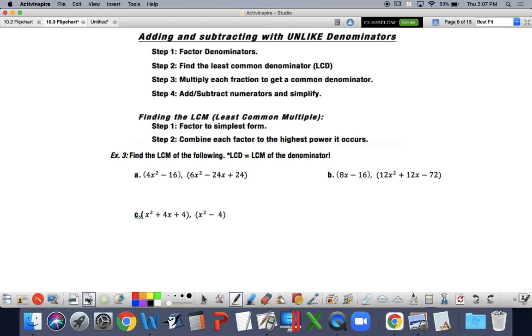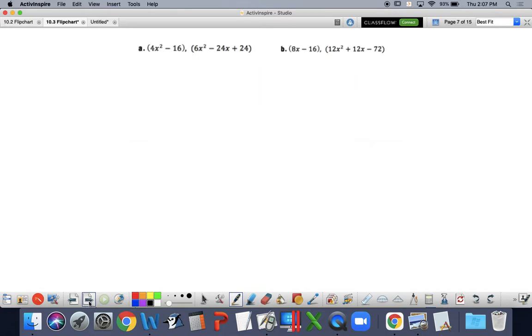We're going to go through 3 examples where we just try to find the least common denominator. Meaning, for letter A, imagine these are the denominators of my fractions, and I'm just trying to figure out the least common denominator between them. I want to factor and see what I'm working with.